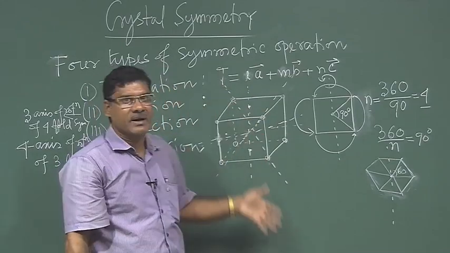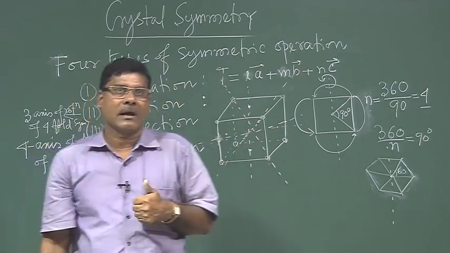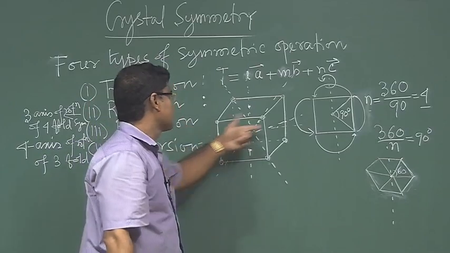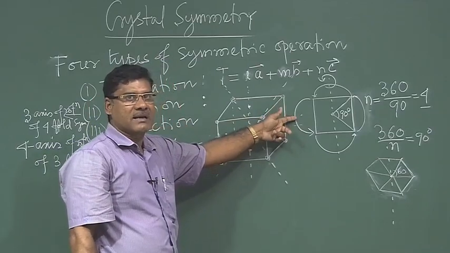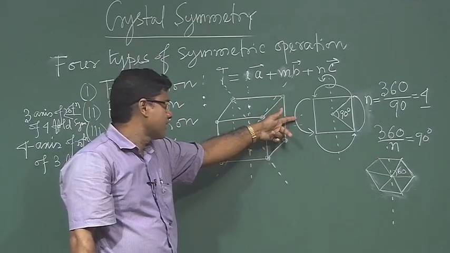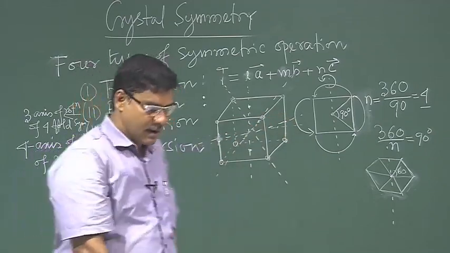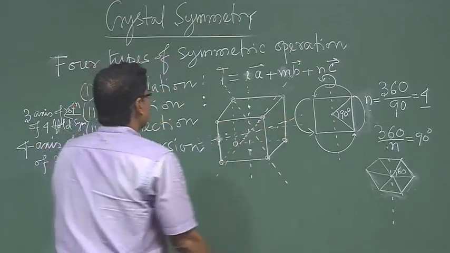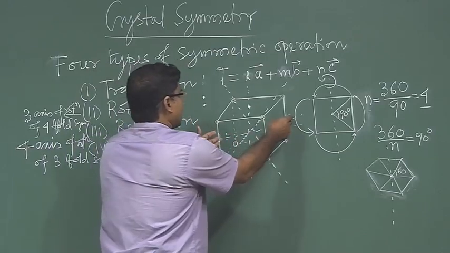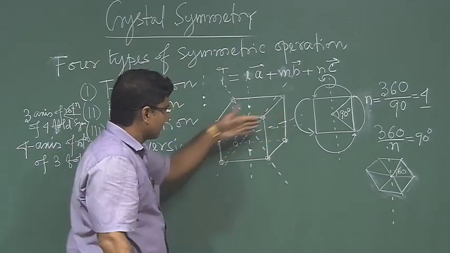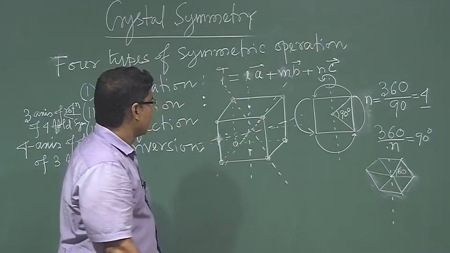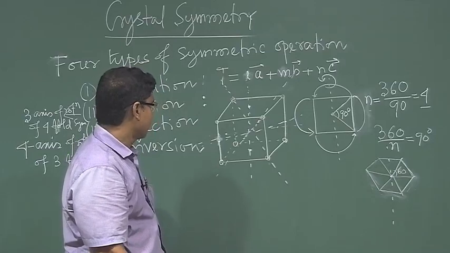So, you will get the invariant position. So, it can be treated as an axis of symmetry, a rotational axis of symmetry, and it has two-fold symmetry, and from this cube, how many can you have.